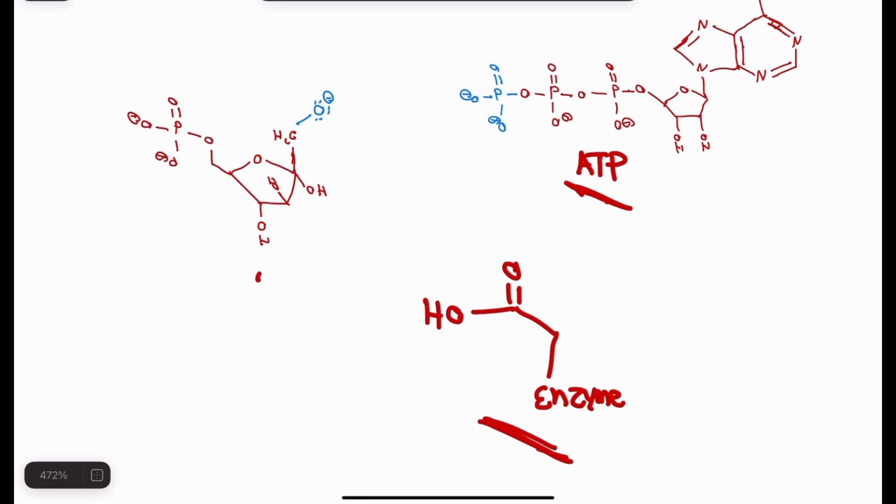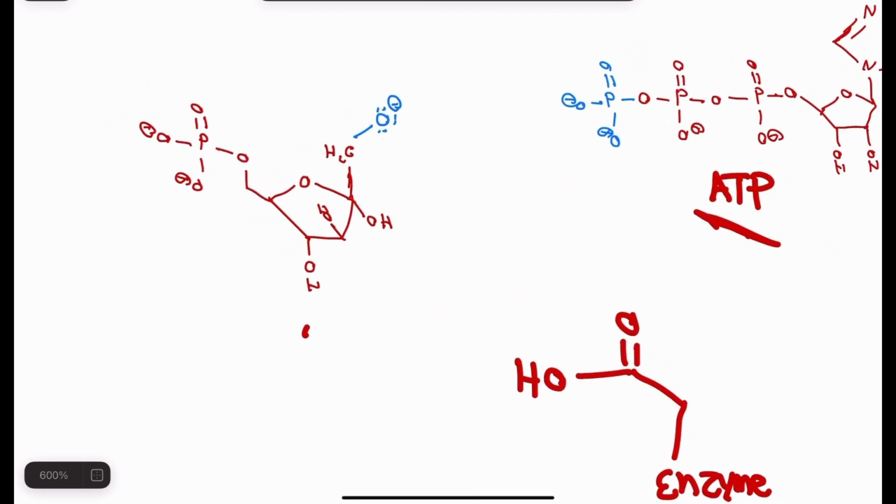After our aspartic acid has deprotonated the hydroxyl group, we have a negative charge on the oxygen, which is now going to act as our nucleophile. And it's going to attack the gamma phosphate group, kicking the pi electrons to the oxygen. You get a trigonal bipyramidal intermediate, but we're going to skip this step and fast forward.